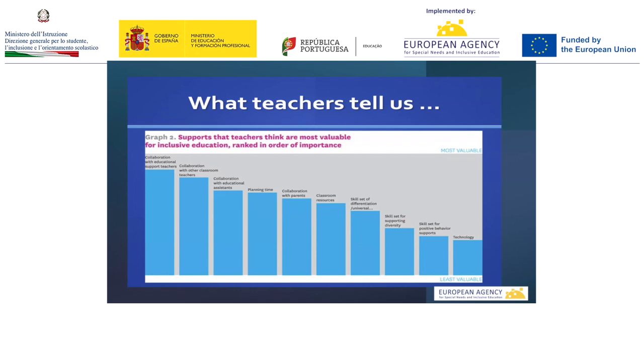So the top five things that teachers said were most important or valuable to them for inclusive education were things involving collaboration with other people. Then you get to the other five: classroom resources, having skill with differentiated instruction or universal design, skill for supporting diversity, skill for dealing with behavior, and skill with technology.